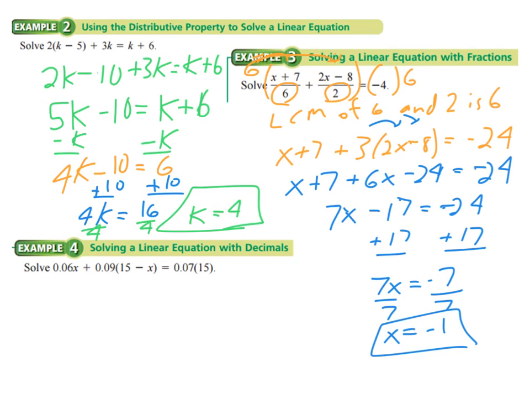For example 4, since the decimals are all in the hundredths, if we multiply both sides of the equation by 100, that will eliminate all of those decimals for us. So sneaking a 100 on each side of that equation.